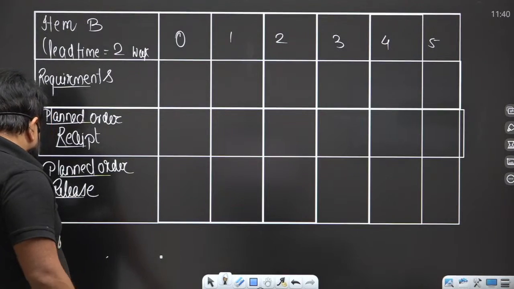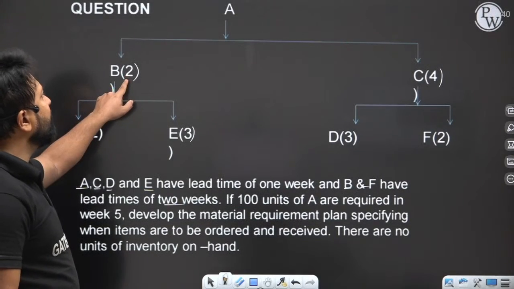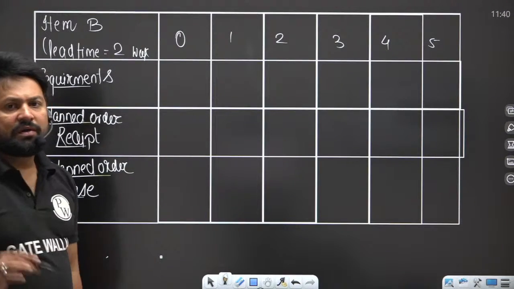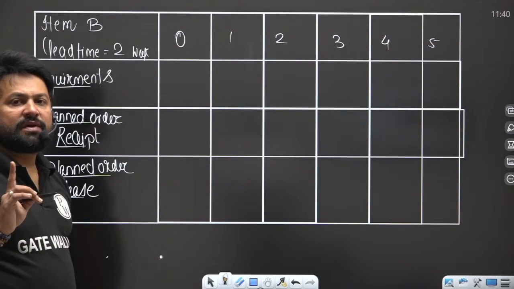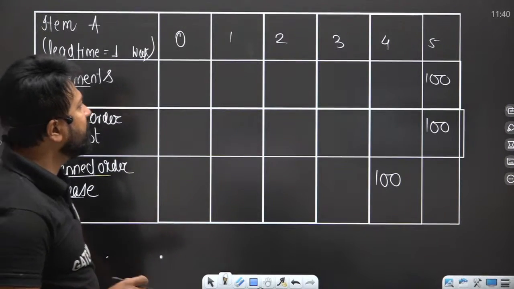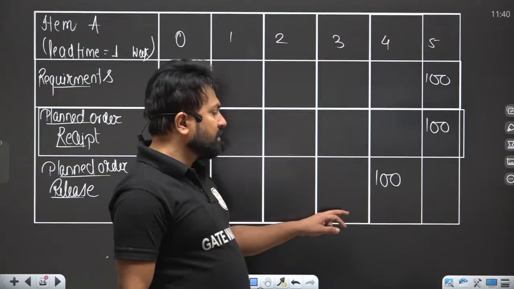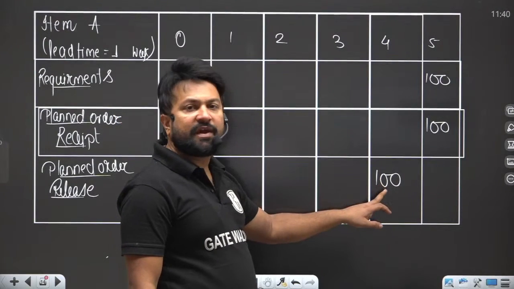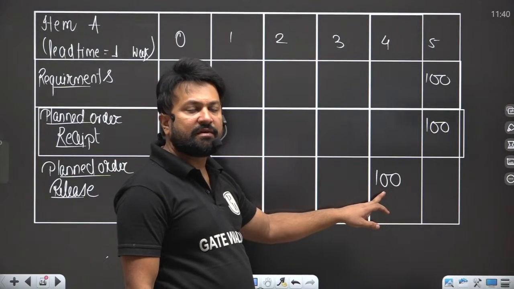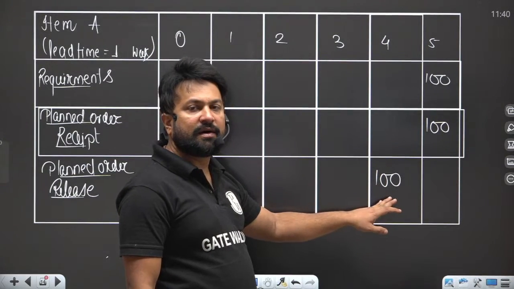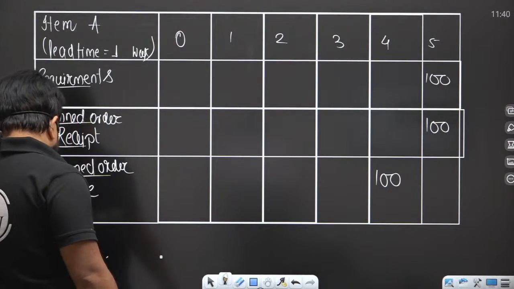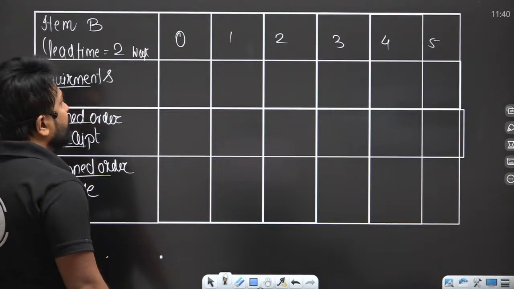Now according to the table, B requires twice of A. So in the 4th week we have to release. It means we have to prepare and ready the item B in the 4th week.